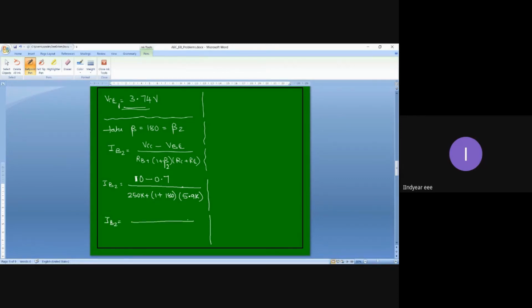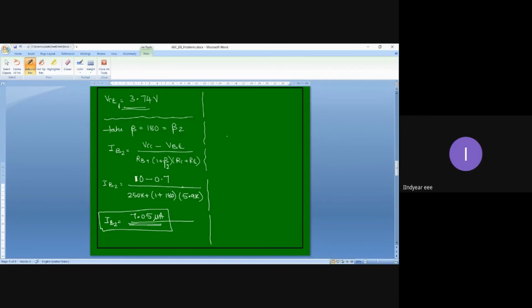How much do you get IB2 as? 7.05 microamps. 7.05, right? So it is 7.05 microamperes. That's your IB2.